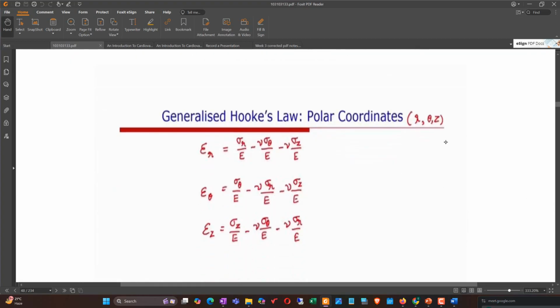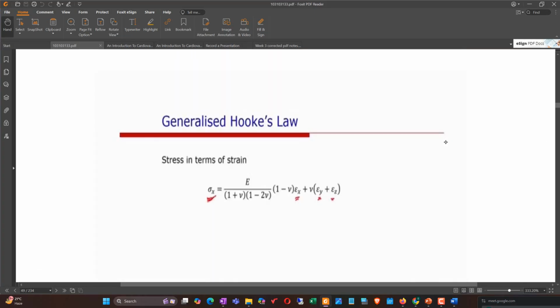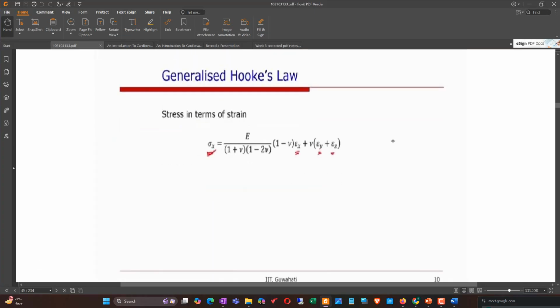And now the change to polar coordinates happened because the blood vessels have been considered in the radial coordinate system in order to have a clear picture of three dimensions. So generalized Hooke's law, stress in terms of strain.